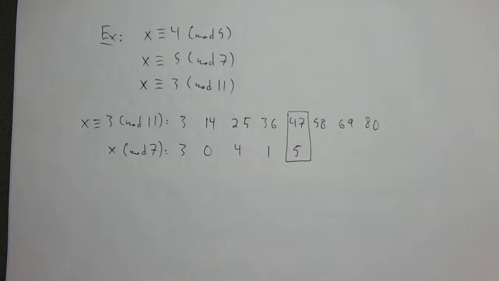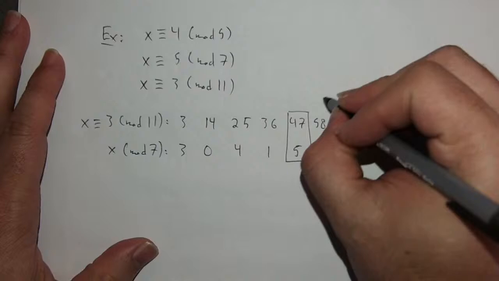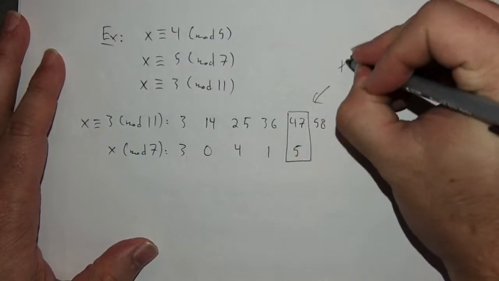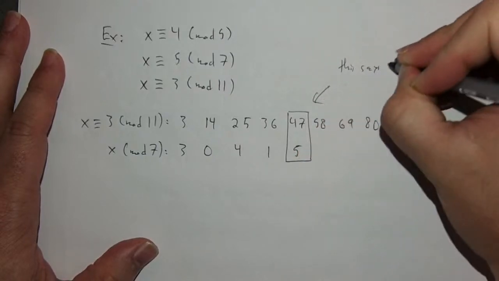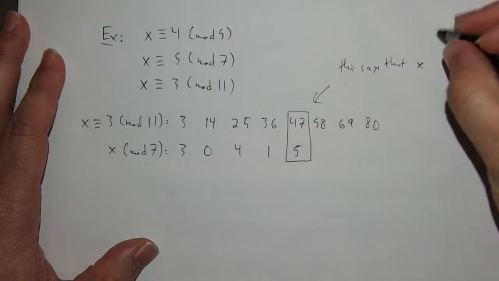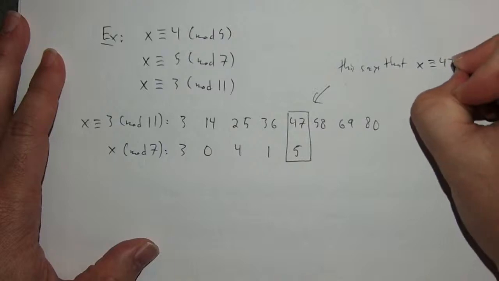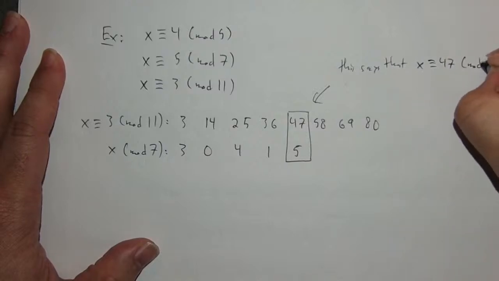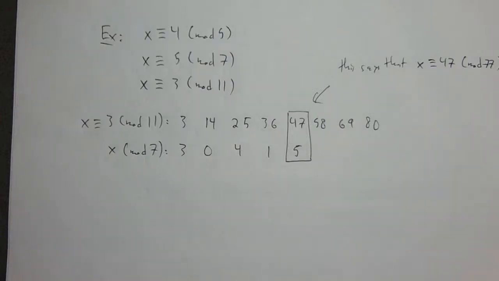What does this say? This says that x is congruent to 47 mod 77. If that's confusing to you right now, you'll see in a second where this is coming from. You might already notice what's happening here.